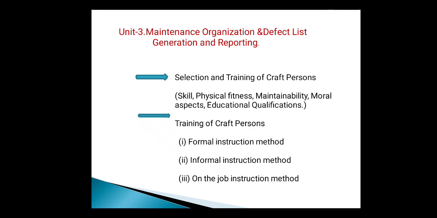So after formal and informal instruction, on-the-job instruction is to be given, meaning the selected persons are taken directly to the job site and given everything regarding the essential job operations. Before handling the machinery he should be assigned to an instructor.